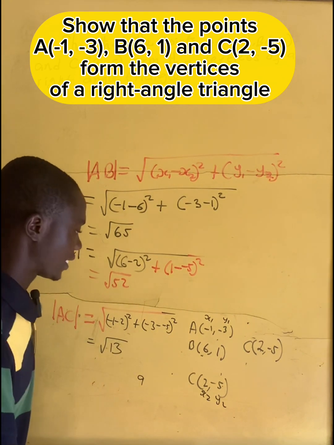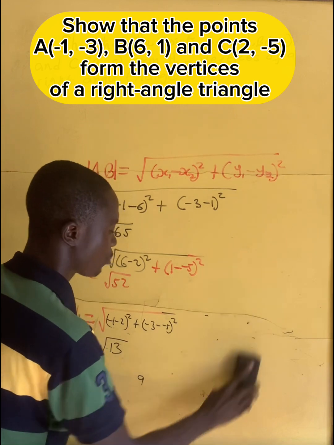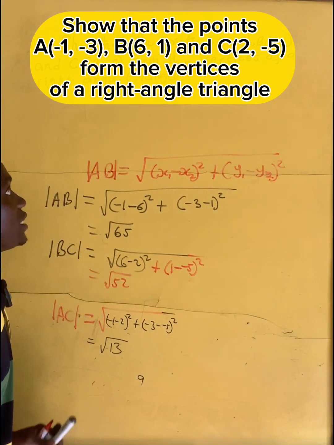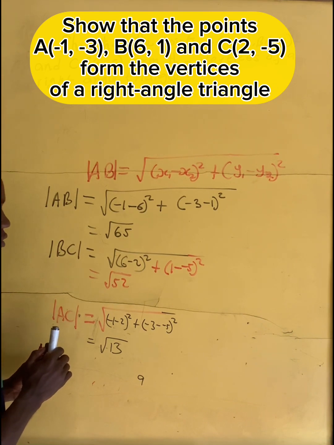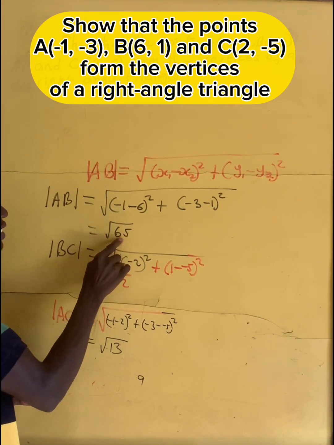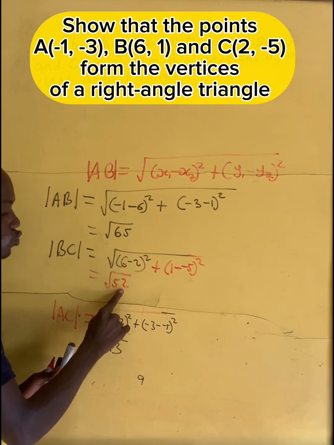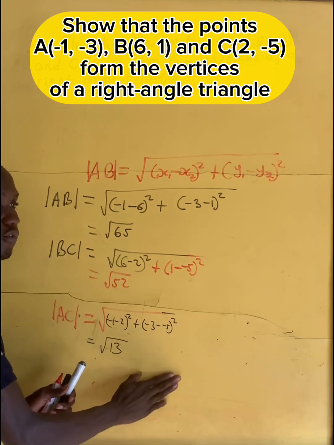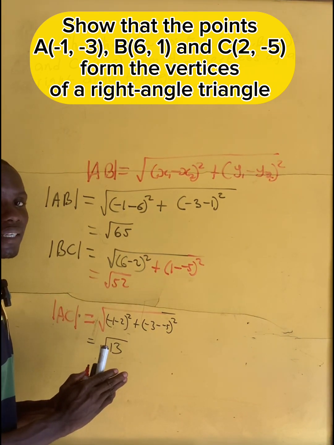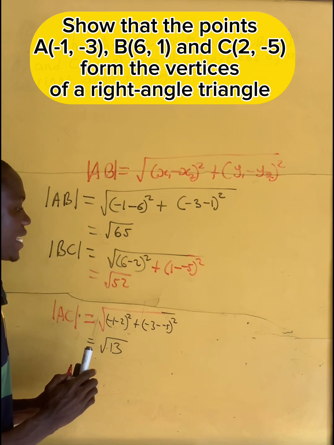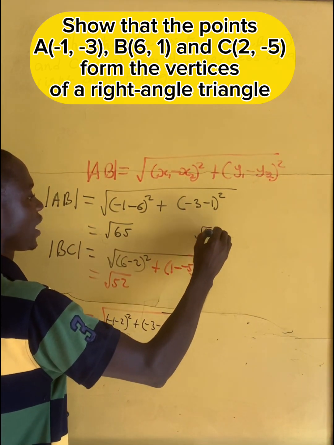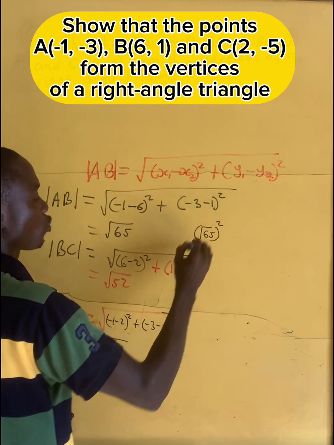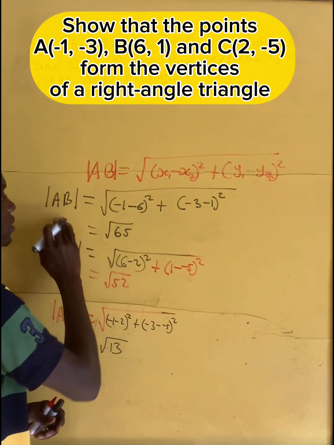Now, for these points to form the vertices of a right angle triangle, you see that this is the highest one, 65. This is 52, and this is 13. From Pythagoras theorem, then we have square root of 65 squared. This is the highest.